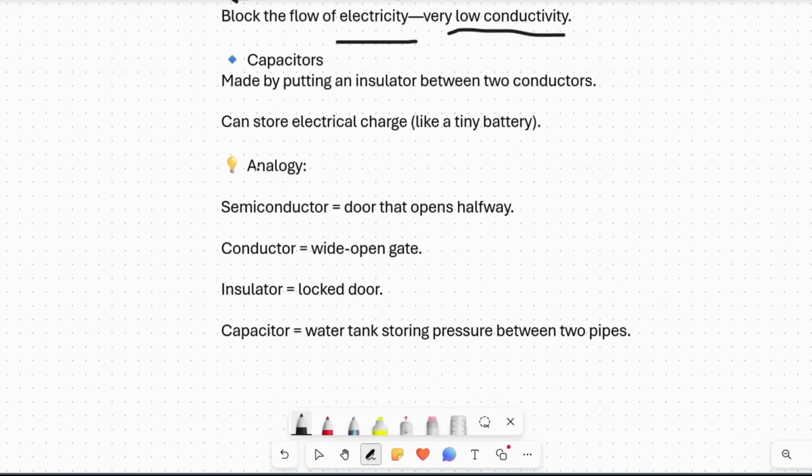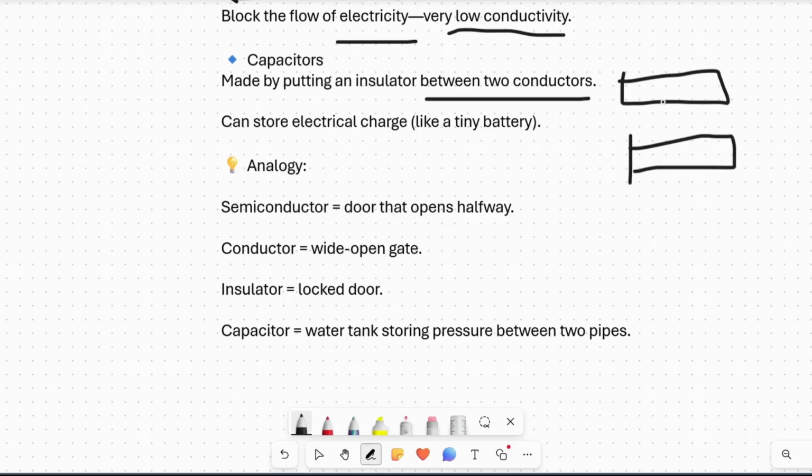Capacitor: made by putting an insulator between two conductors. It looks like this: conductor, conductor, and there is an insulator. It can store electrical charge like a tiny battery.